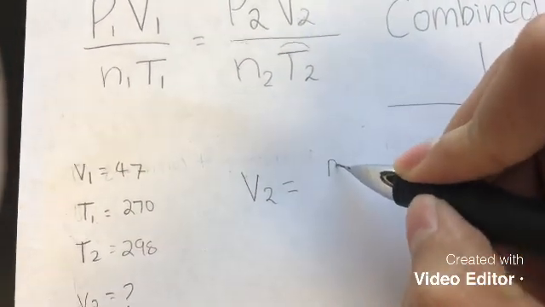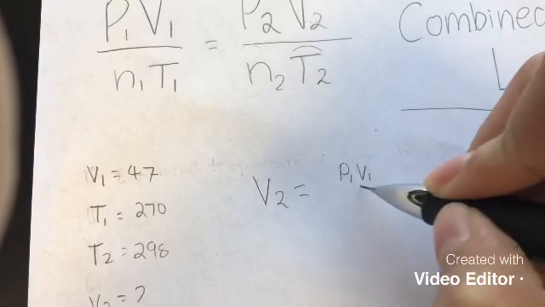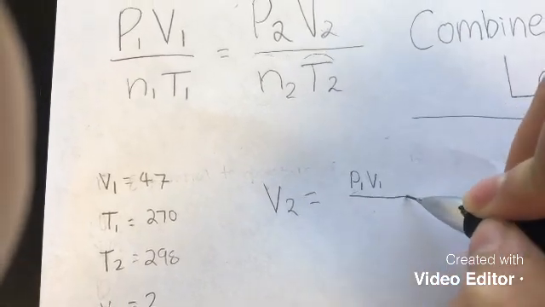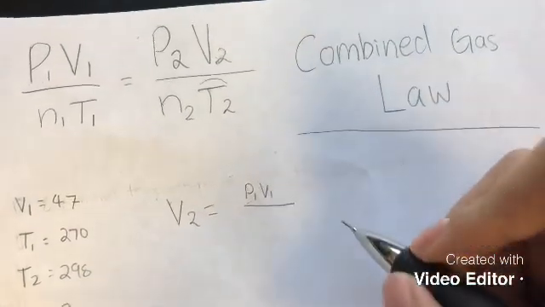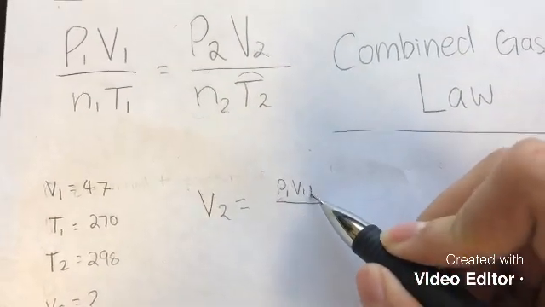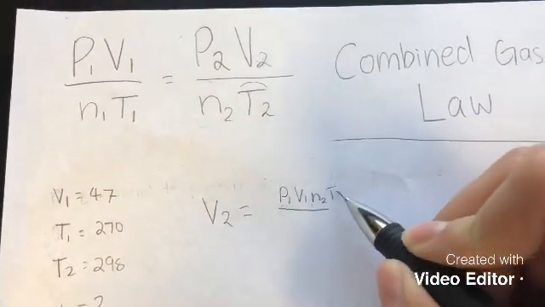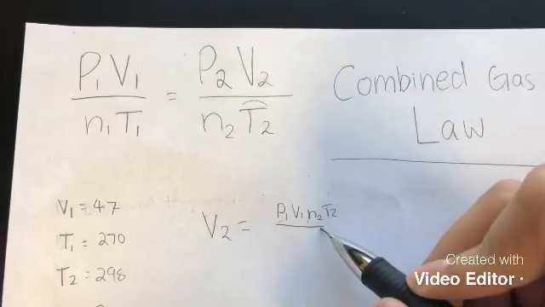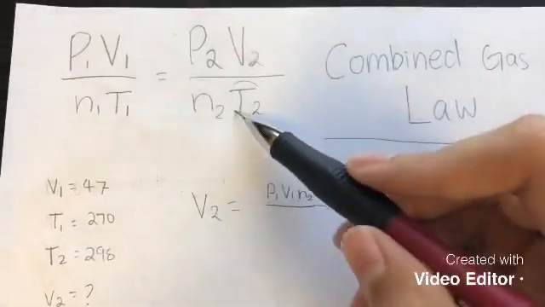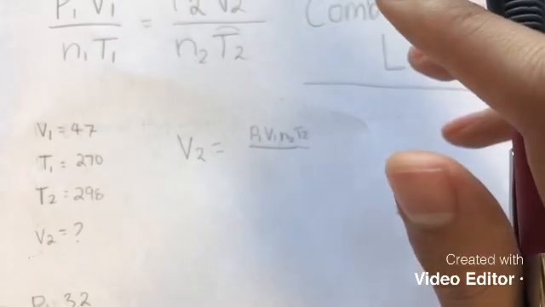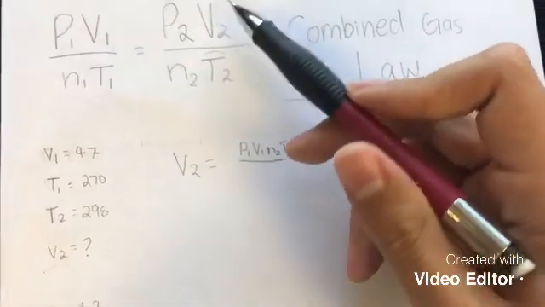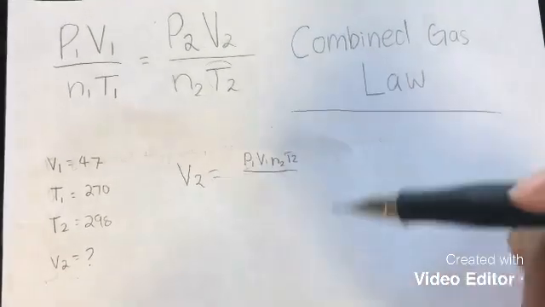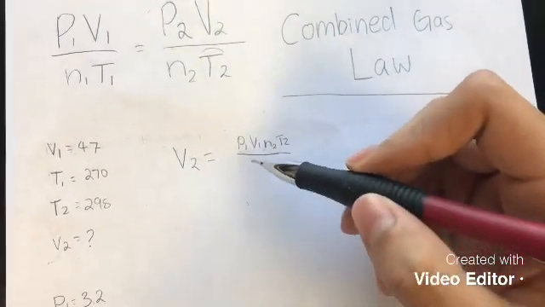So we would get P1 times V1 times N2 and T2. And then since we have P2 up here, since it's multiplying, we have to divide it. So we can isolate the final volume, which is what we want to find.